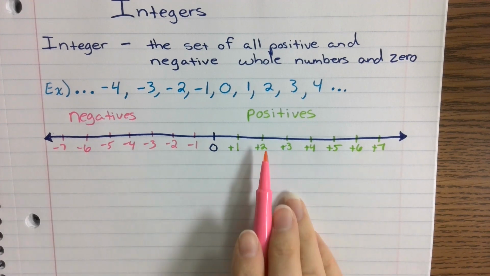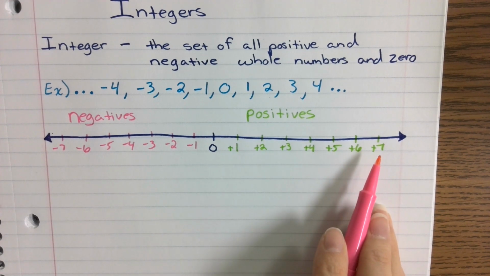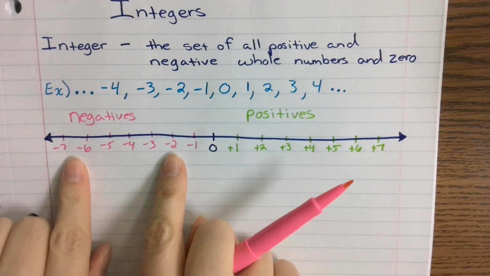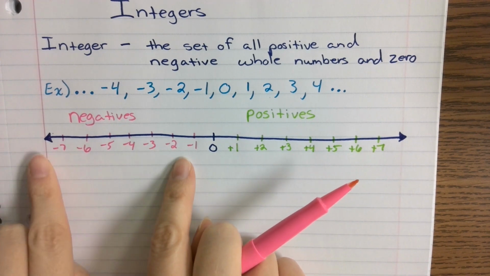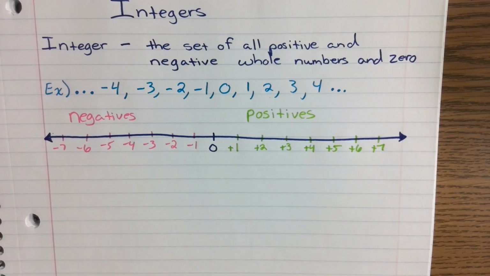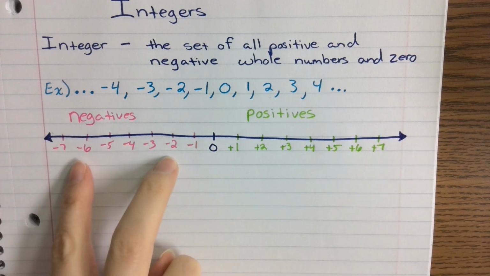So I know a +2 is less than a +7, but when I'm dealing with the negatives, a -2 is actually greater than a -7. They have an opposite effect on each other. What you would normally do to order your positives is the opposite for how you would order your negatives.